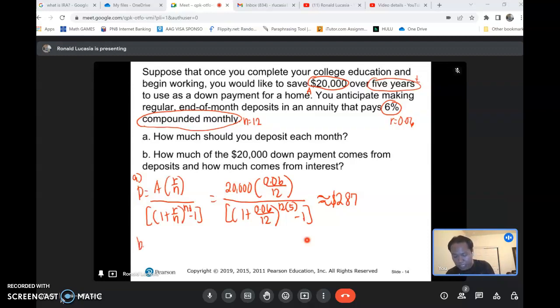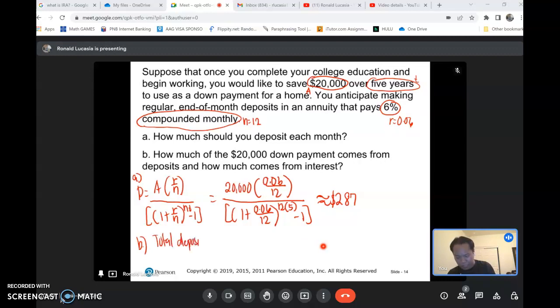Second question is how much of the 20,000 down payment comes from the deposits and how much comes from the interest. So the total deposit that you are going to make is going to be $287. That's going to be 5 years. In 1 year, 12 payments, so 12 times 5, and that's going to be 17,220.